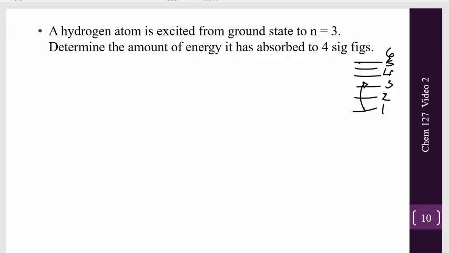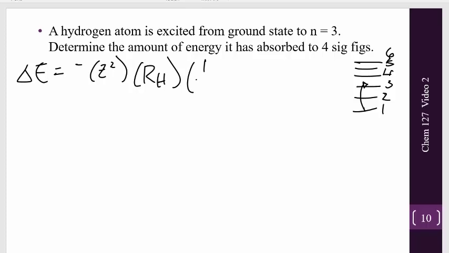So we know we'll want to use the form of the Rydberg equation relating energy. So that is the change in energy equals the negative of Z squared, number of protons, the Rydberg constant in the form of joules, and then 1 over the final quantum number squared minus 1 over the initial quantum number squared.